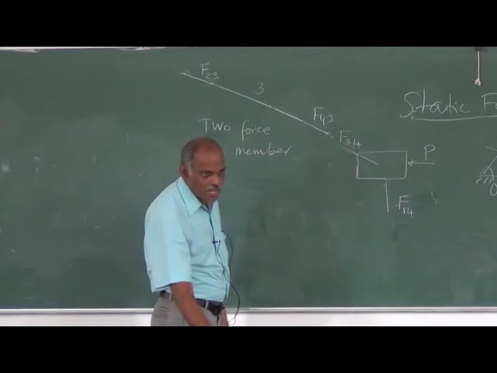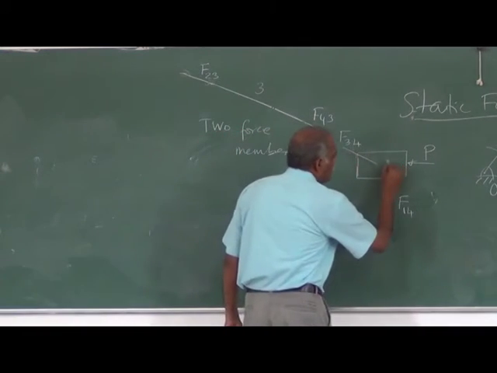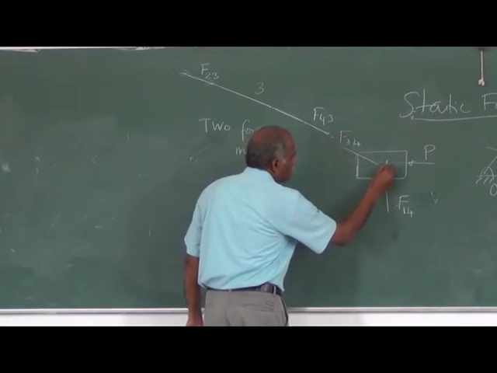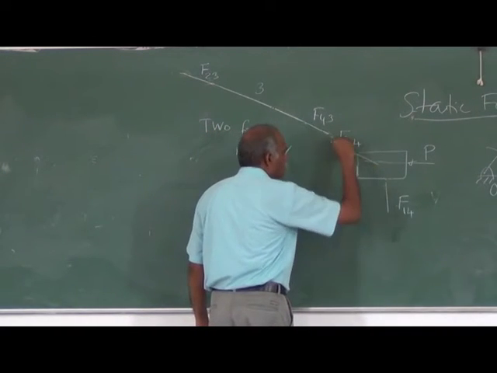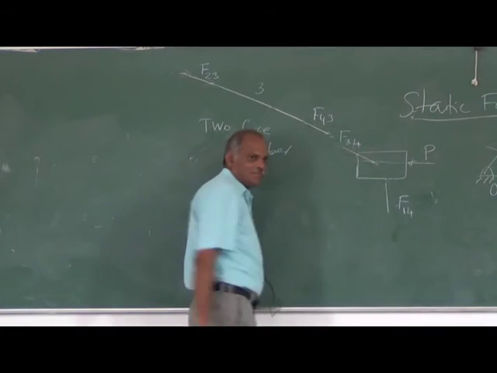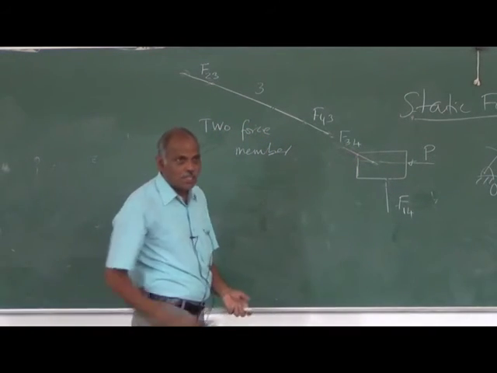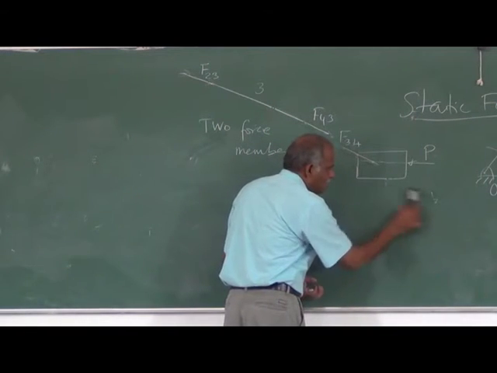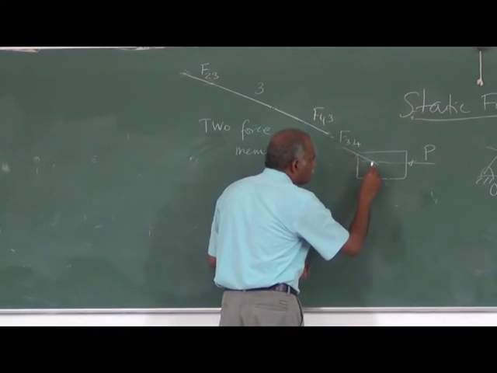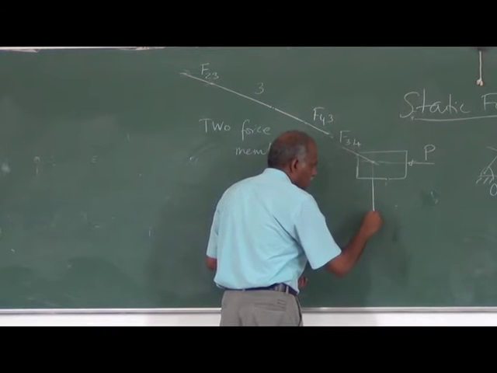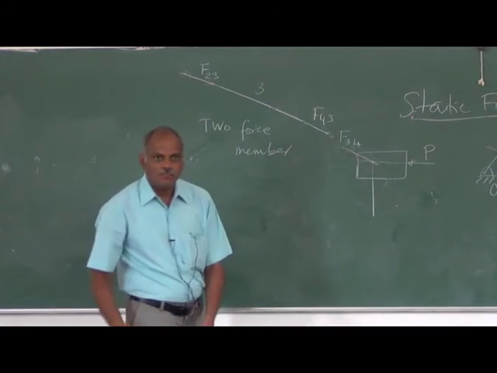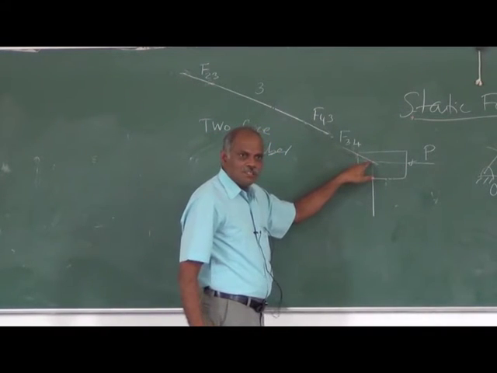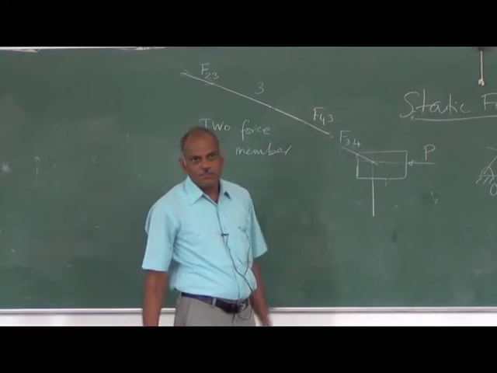So, they must be concurrent. I can extend this here, extend this, they are meeting at this point. So the third force F14 must not be acting here, it must be acting here, so that these three forces are meeting at a point.